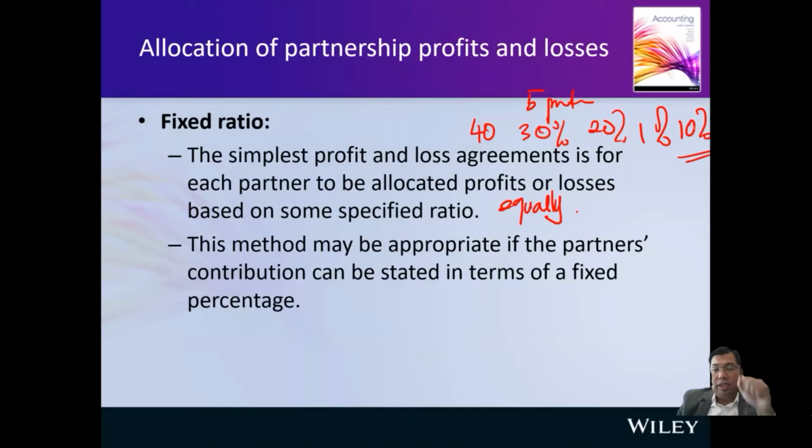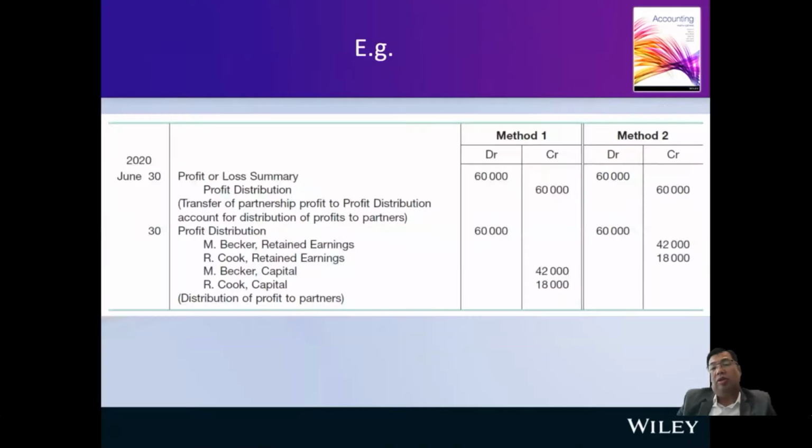So we have a fixed rate. The method may be appropriate if partners' contributions can be stated in terms of a fixed percentage. I contributed 40%, so I should be entitled to 40%. We agree based on that formula.